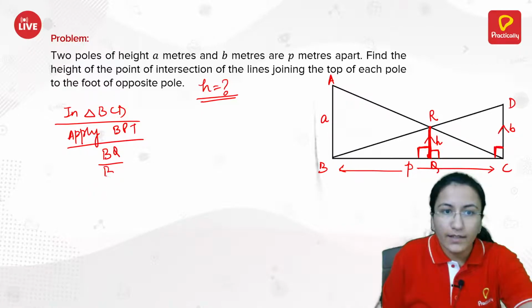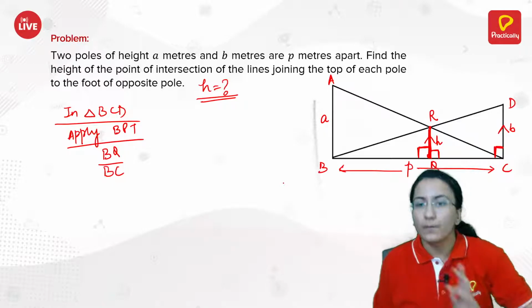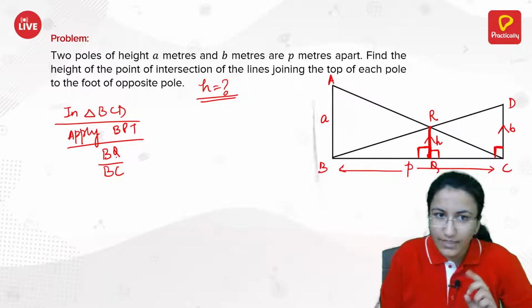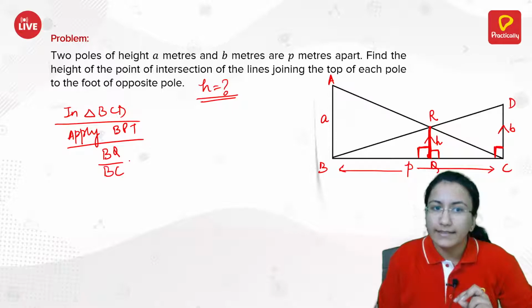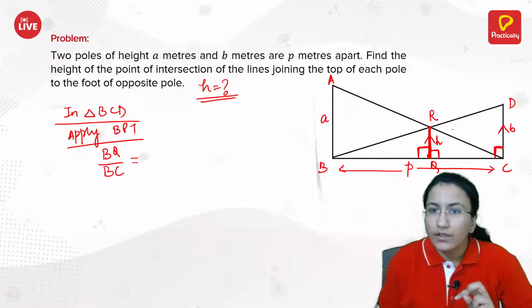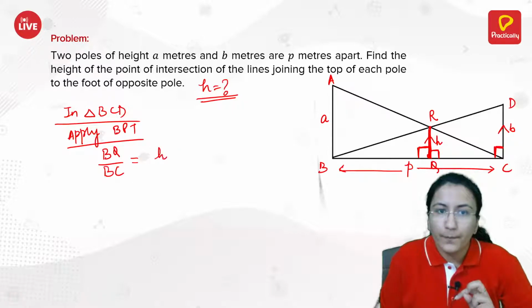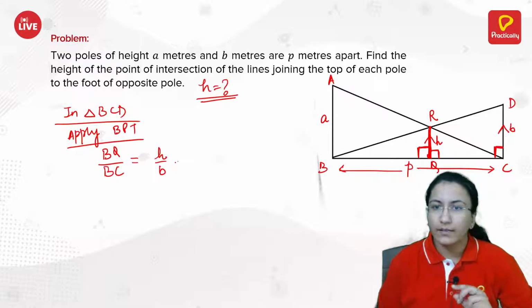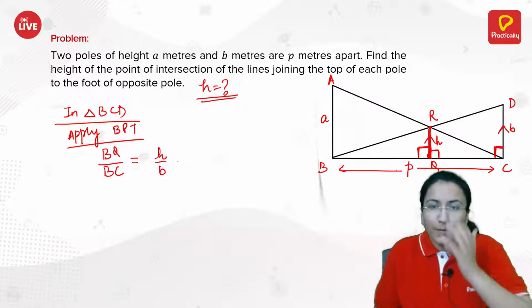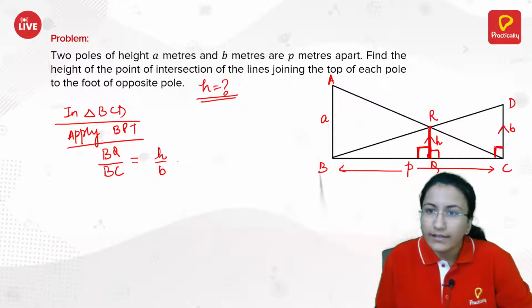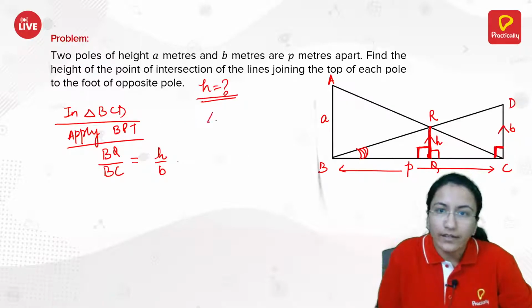Why am I writing BC? Because I know the complete length of BC. BQ by BC is equal to this length H by B, right? Because these two triangles would be similar. Why similar? Because these angles are 90 degrees and this angle is common to both triangles. In triangle BQR and in triangle BCD.